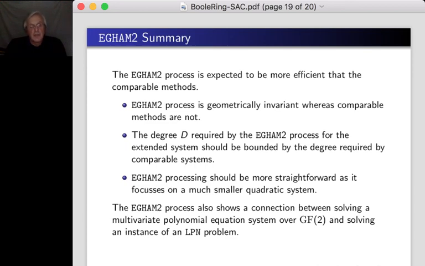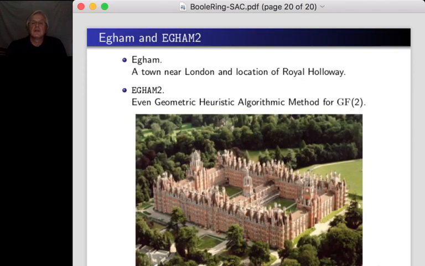So we get rid of extraneous information that we don't need to process to get the answer. And furthermore, the ECHAM2 process shows a connection between solving a multivariate polynomial equation system over GF2 and solving an instance of the LPN problem, the learning parity with noise problem.